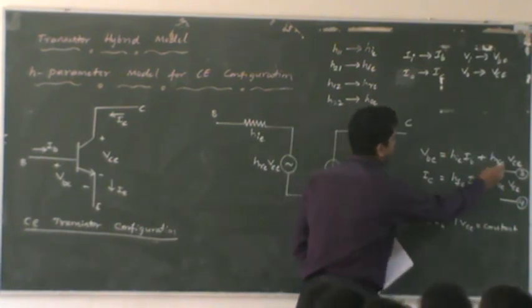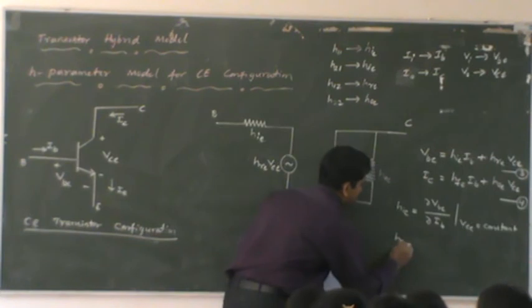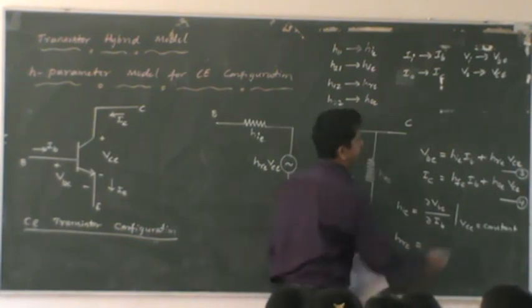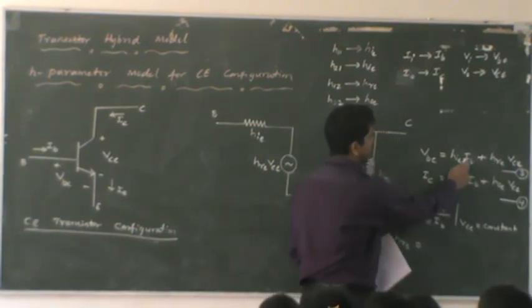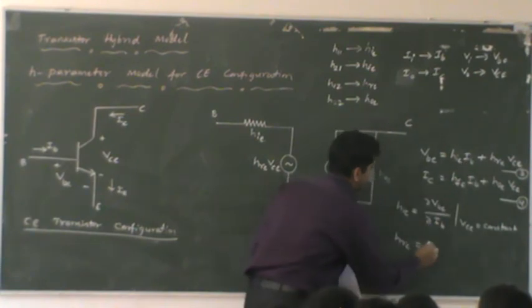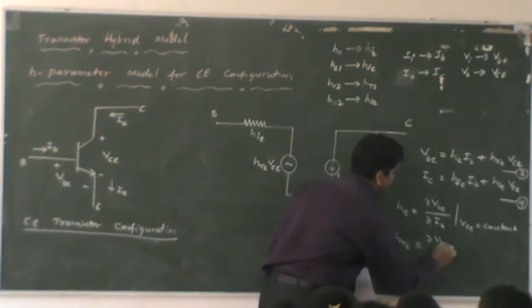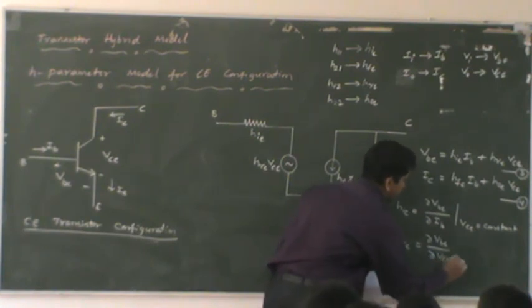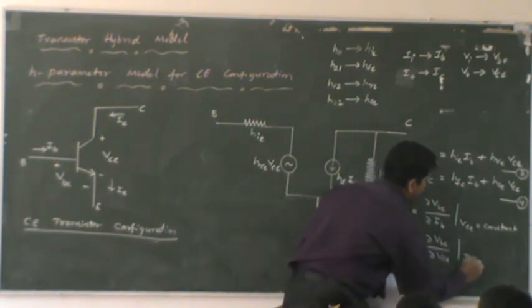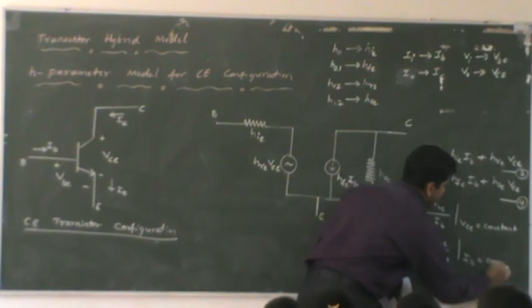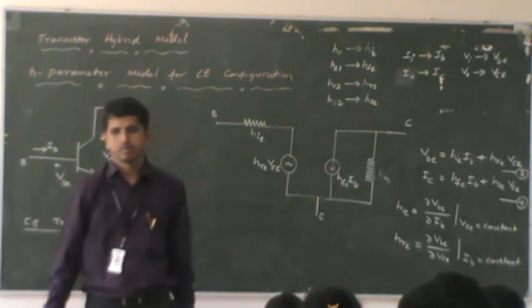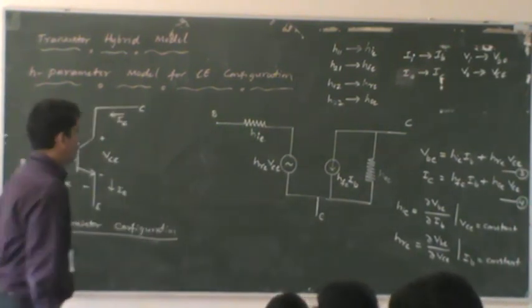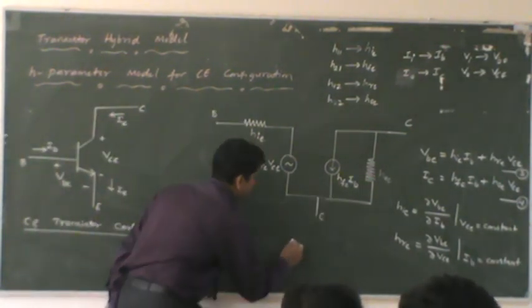Similarly, we can also define HRE. HRE can be defined by making IB 0. So what will be the answer? It is dou VBE divided by dou VCE for a constant IB. Similarly, we can also define HFE.